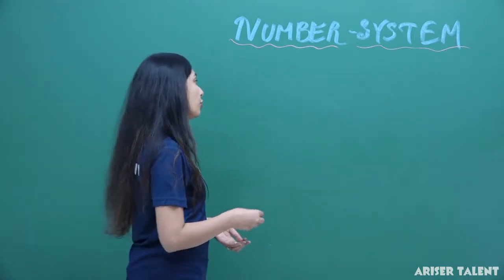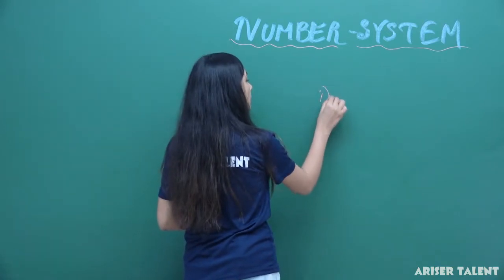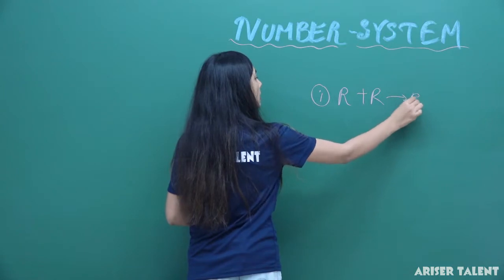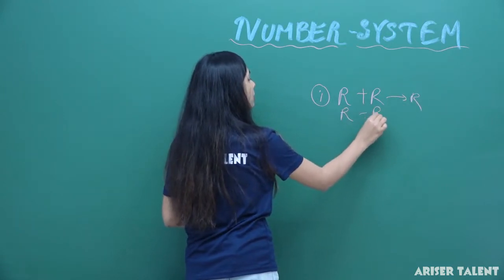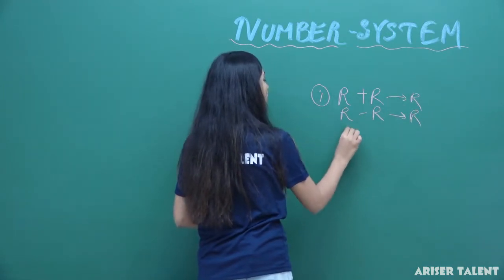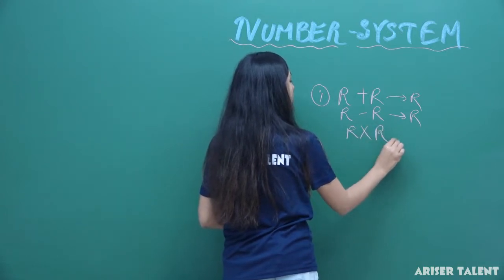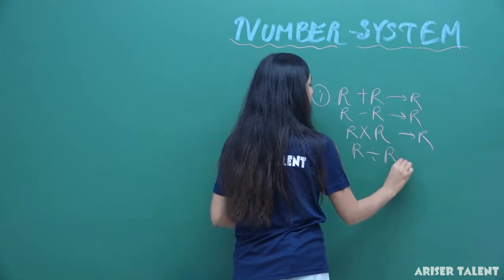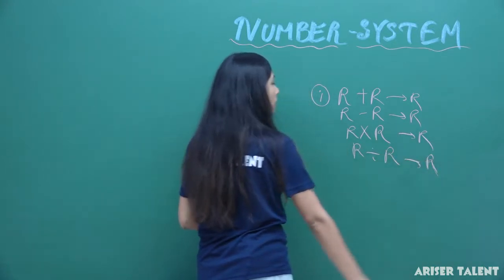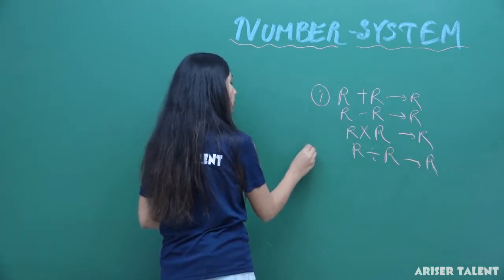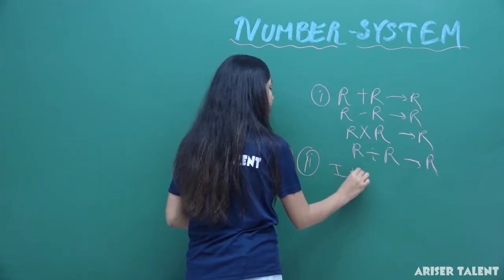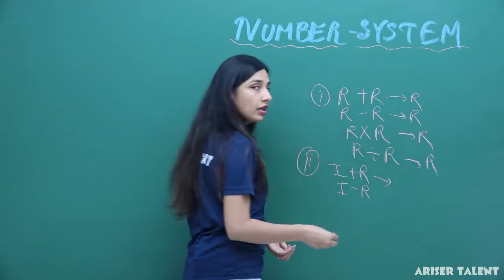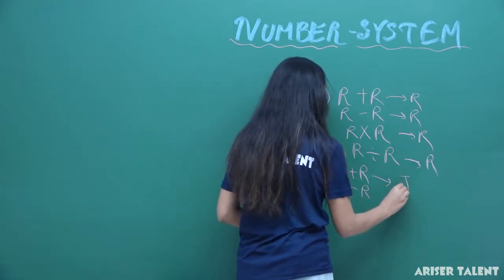If we are talking about rationals, rational plus rational is rational, rational minus rational is rational, rational multiplied by rational is rational, rational divided by rational is rational. What did we conclude about irrational and rational? Irrational plus irrational is irrational.